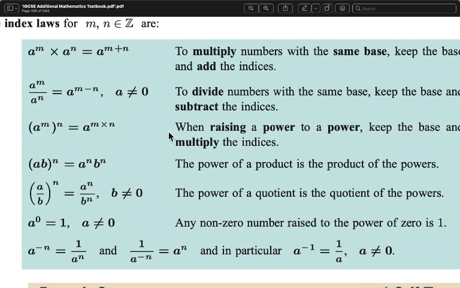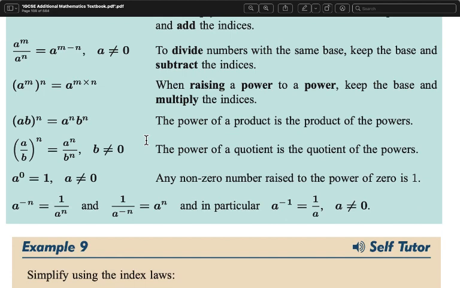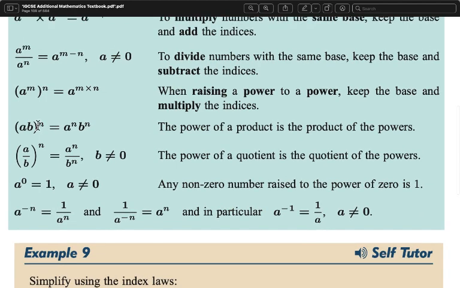However, when a to the power of m is in parentheses with the power of n on the outside, there will be a multiplication, a to the power of m times n. The base will be kept, and then the outside indices will be multiplied. And now in this case, when there is a power on the outside and two variables on the inside, each of the variables is going to be raised to the power outside. So a times b to the power of n, both will be raised to n separately.